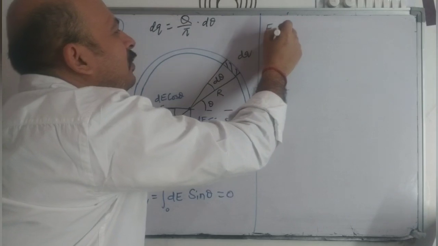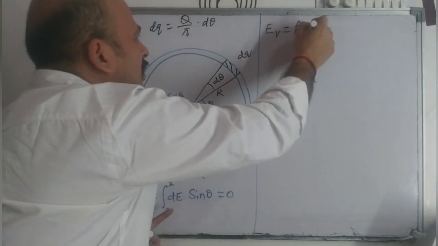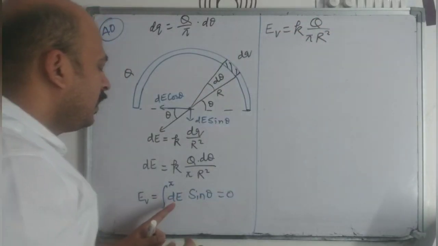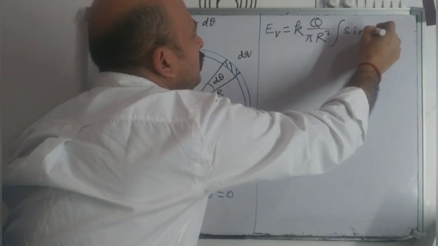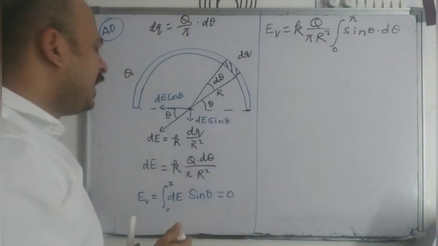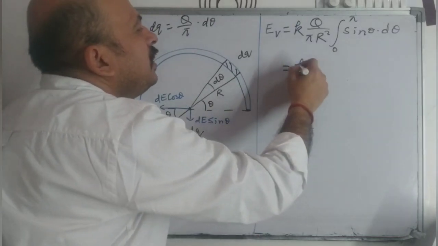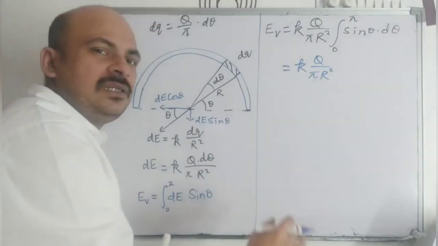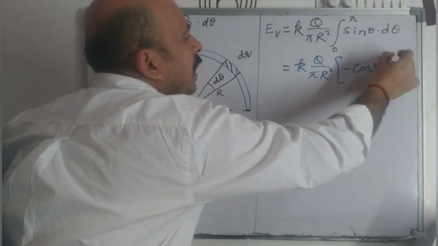Now the E vertical component will be equal to the integral of dE. k capital Q upon pi r square is constant, so you can take it outside. Theta is variable, so integrate sin theta d theta with limits from 0 to pi. It will be equal to k capital Q upon pi r square times the integration of sin theta, which is minus cos theta, limit 0 to pi.